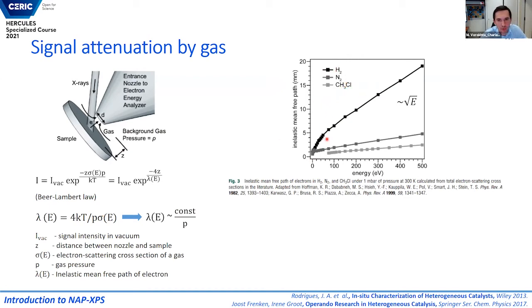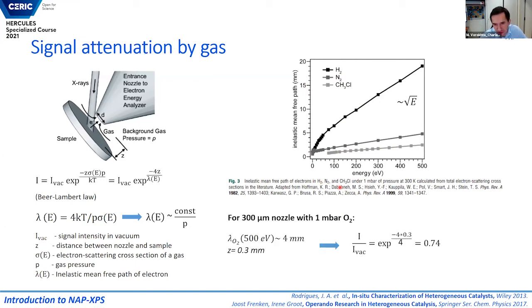Smaller molecules like hydrogen scatter fewer electrons. Slightly larger molecules scatter more. And you see that in some cases, like this molecule with chlorine, the probability to be scattered is quite high.